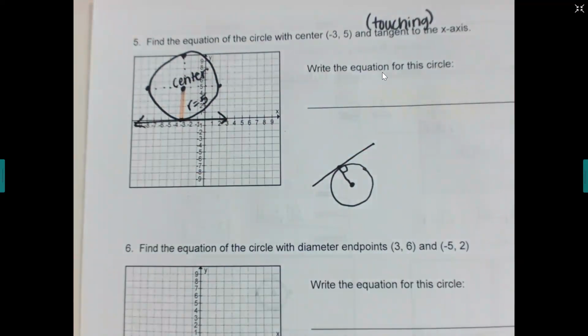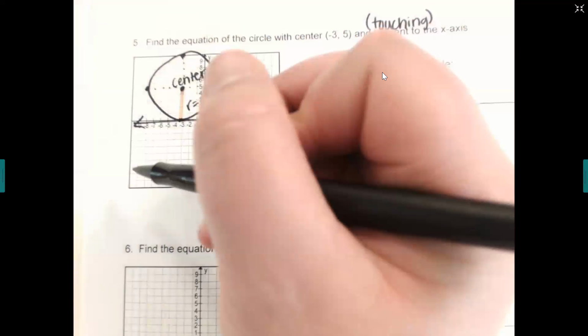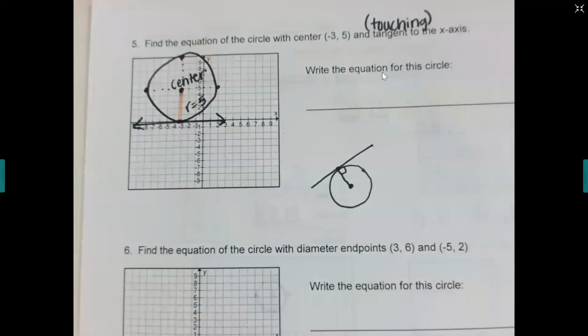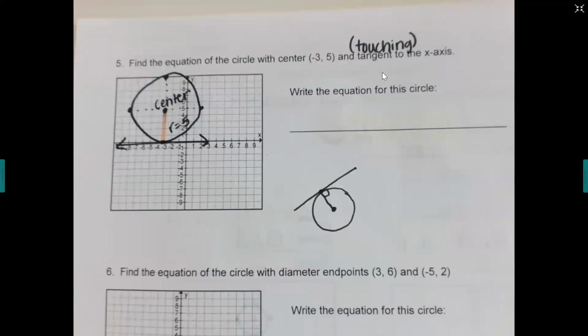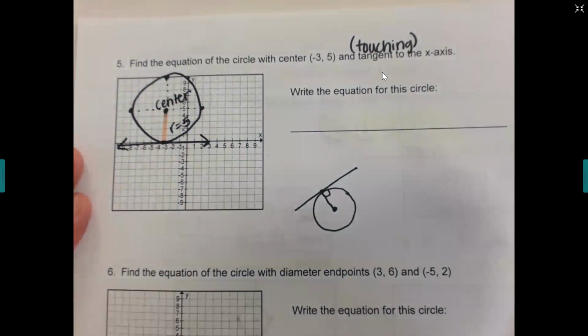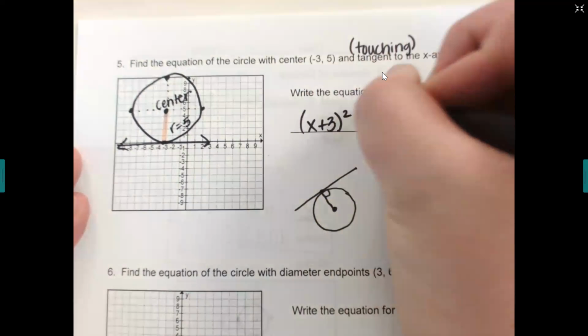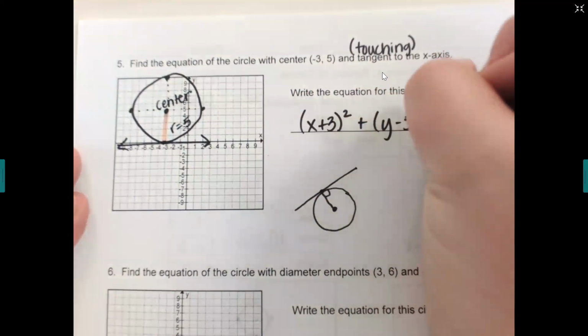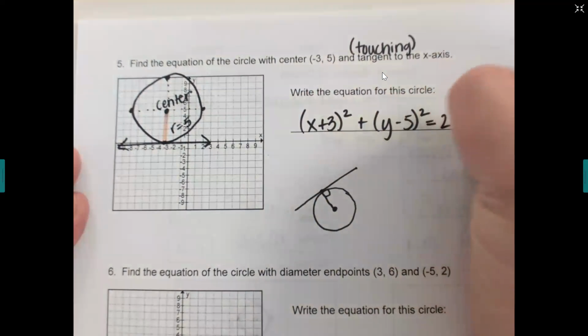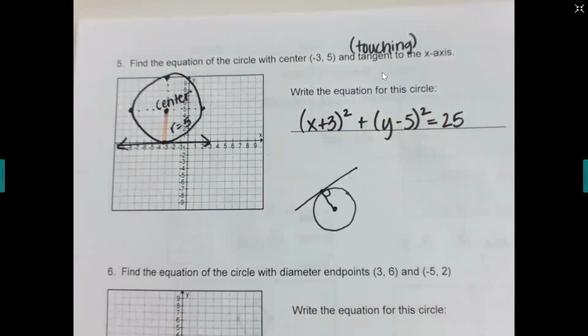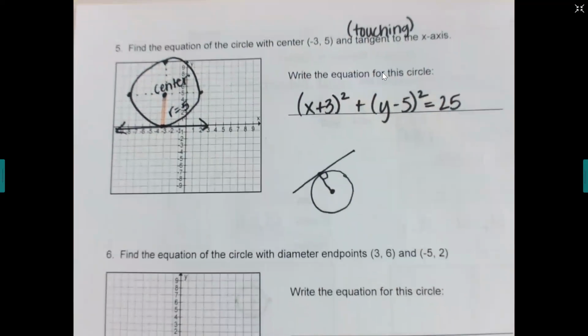Another thing is it's only touching at one point. So it couldn't be going through the circle. That doesn't count as tangent. Okay, then from there, what would the equation be for the circle? Do we know? (y - 5) squared equals 25. Yep. Easy enough. All right, take a look at number 6.